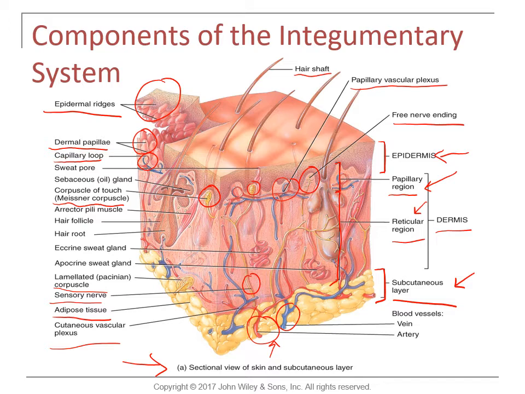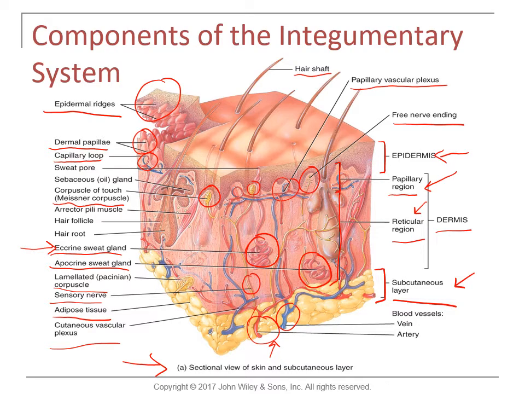Here we have apocrine sweat glands, and here we have the eccrine sweat glands. As you can see, the apocrine sweat gland is lower in the layer of the skin, closer to the subcutaneous layer, whereas the eccrine sweat gland looks more condensed and is closer to the epidermis than the subcutaneous layer.